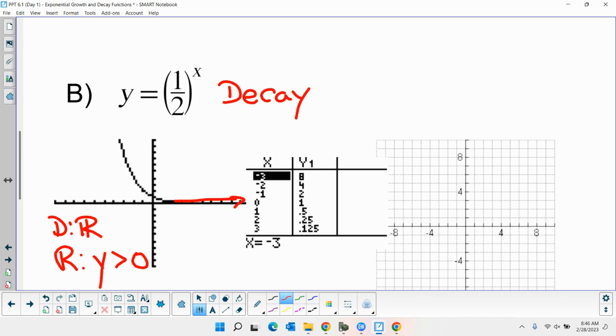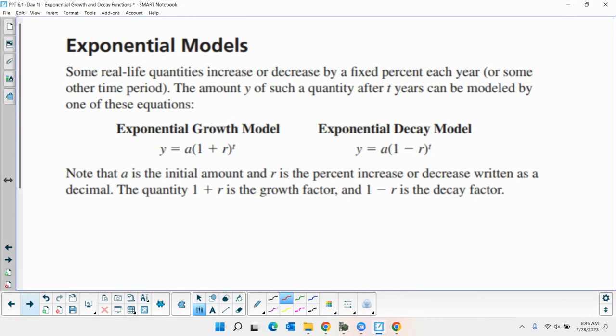Again, decay is when the B value is between 0 and 1. So any decimal less than 1 but bigger than 0, so no negatives, and any fractions or decimals less than 1 and greater than 0, then it's decay.